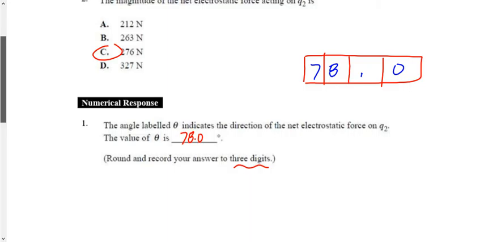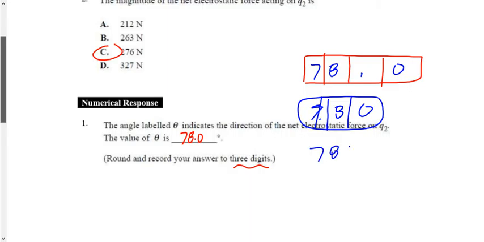If it was scientific notation, it would be 7.80 times 10 to the 1, because the exponent would be 1. Honestly, I wouldn't expect an angle to be a scientific notation thing. It's probably always going to be a standard notation thing.